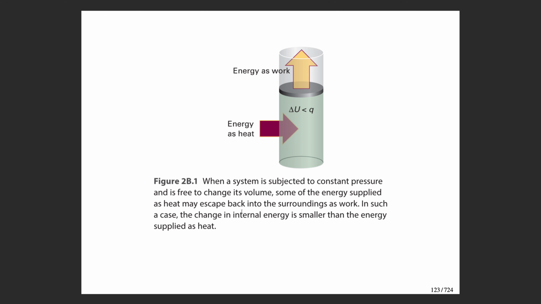And so that will be energy lost as work. So when you have an isobaric system and you heat it up, some of the energy goes into increasing the temperature of the system, but then another portion of that energy goes into expanding the volume. That is, you lose some of that energy as work.